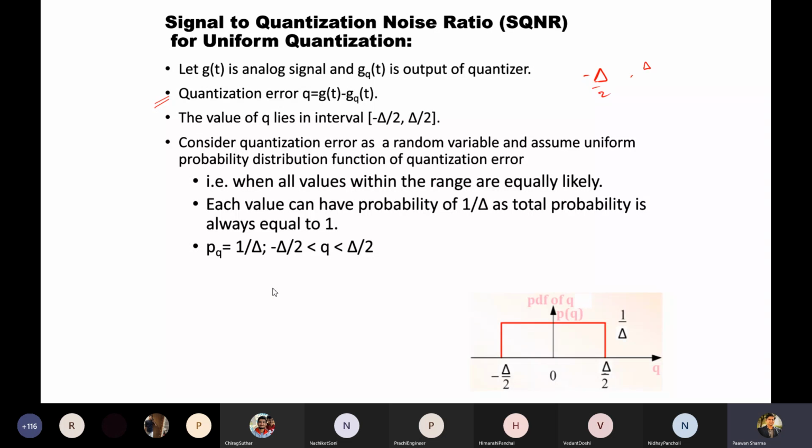Okay, so each value of the quantization error has a probability of 1 over delta, because delta is the total width of the range minus delta by 2 to delta by 2. So each value has 1 over delta as probability. Why is it so?